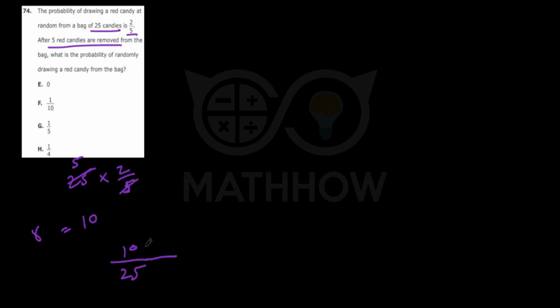To find the probability after removing 5 red candies, 5 red candies are removed, so that means 5 candies are also removed from the total candies, right? This will be 5 over 20, and this will become 1 over 4. So after removing 5 candies, the probability of randomly drawing a red candy from the bag will become 1 by 4. Correct answer is option H.